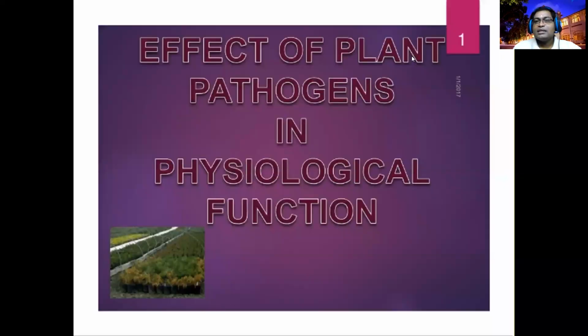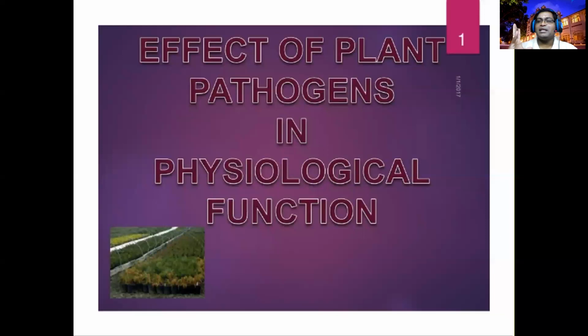The next chapter is the effect of plant pathogens on plant physiological functions. Whatever pathogen we take, it is harmful to the host, because these pathogens disturb the physiological functions of the plant, animal or whatever the host is.